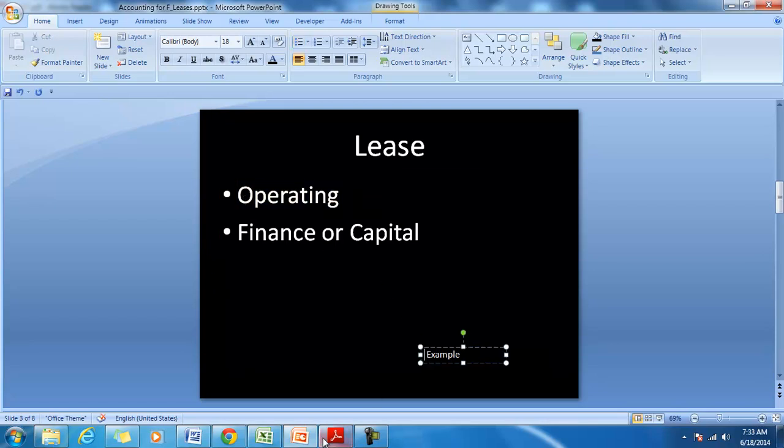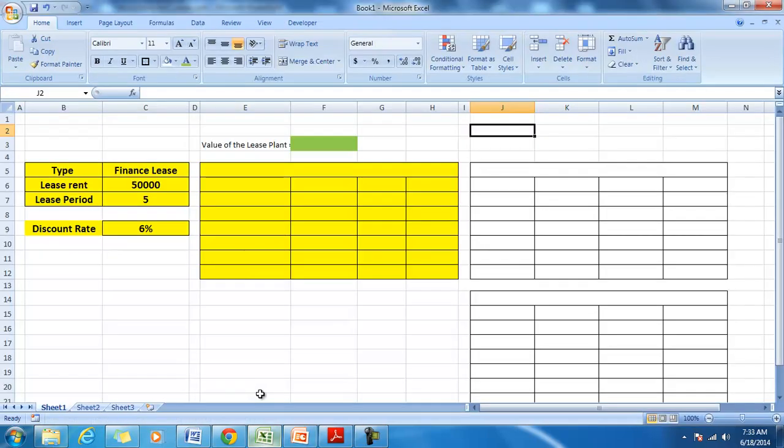In this session, we'll take an example of a finance lease. That means we assume that the risk attached to this plant has been transferred to the lessee. So for the finance lease, the conditions are: the lease rent is 50,000, and the lease period is 5 years.